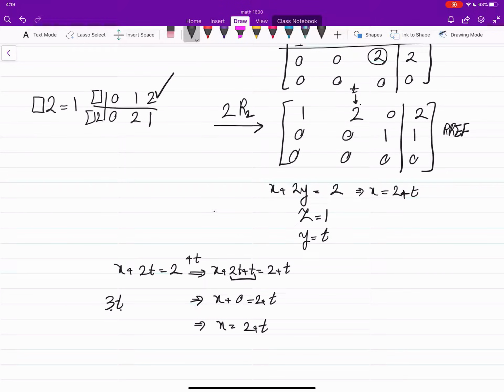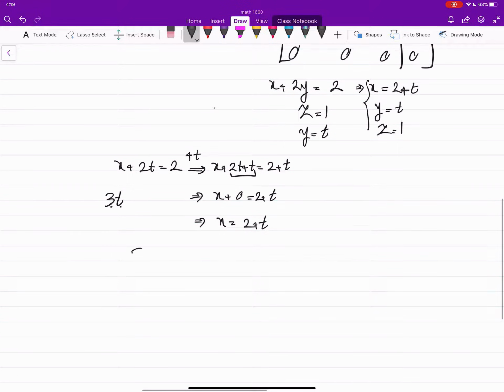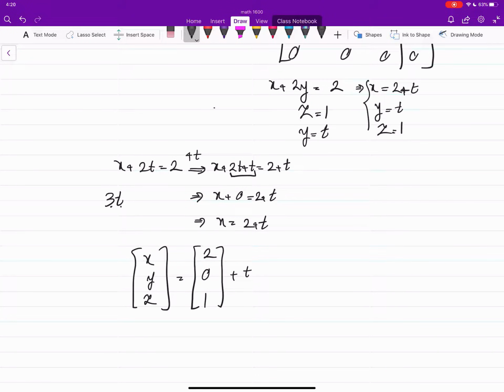It's very interesting. You see, completely different world. And then y itself is t, z is 1. This means that the solutions for the system are this: let me separate them. 2, 0, 1, plus t times the coefficients 1, 1, and there's no t in the last one.